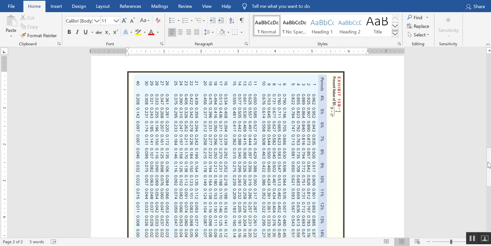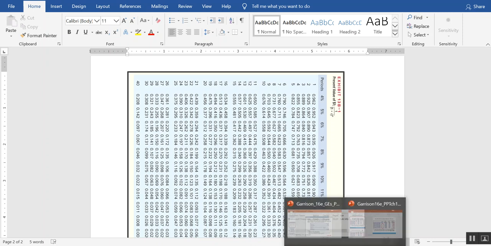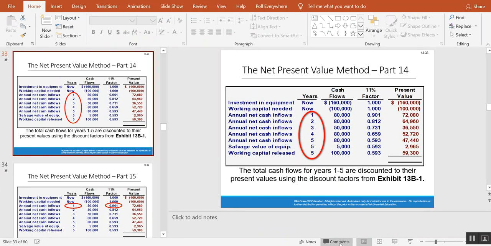So if we look at the present value of a dollar at 11% for 1 year, we look at one period at 11%, 0.901. That's the present value discount factor that we use here in this slide. So you're going to do that for each year. Year 2, you do the same thing.